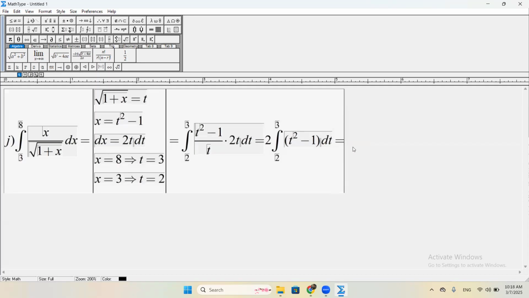Okay, so now we can calculate this integral. It's quite easy. What do we have? 1 over 3 t cubed minus t, with the substitutions from 2 to 3.